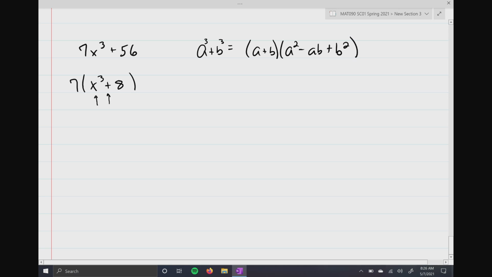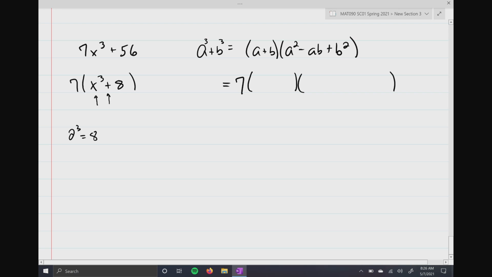So the formula I need is this right here. The only thing I need to be concerned with is what cubed equals 8, and that is the number 2. So I look at my formula. I'm going to put a big fat 7 out front because that was my GCF. And then all I'm going to do here is just substitute.